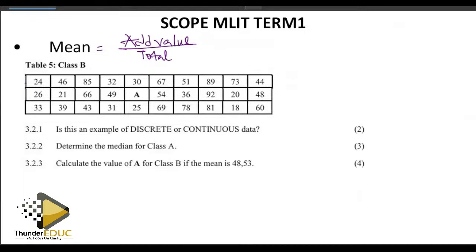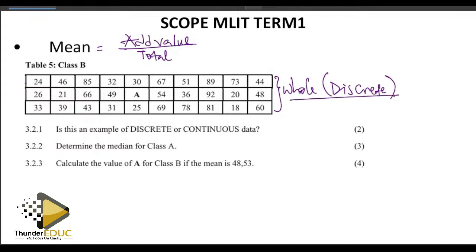All right. They are asking us, this could have also been the example: is this an example of discrete or continuous data? Please, my dear friends, the moment you see all numbers, numbers without commas, the data becomes discrete.